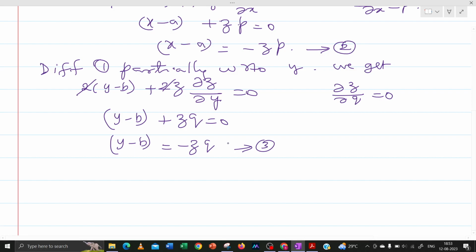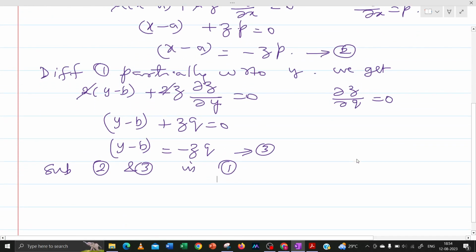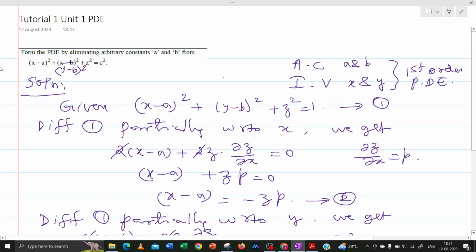Substituting 2 and 3 in 1. So what is 2 here? x minus a, and then 3 is y minus b. So substituting, (x minus a) whole square plus (y minus b) whole square is there. Already we know the values of x minus a and y minus b.